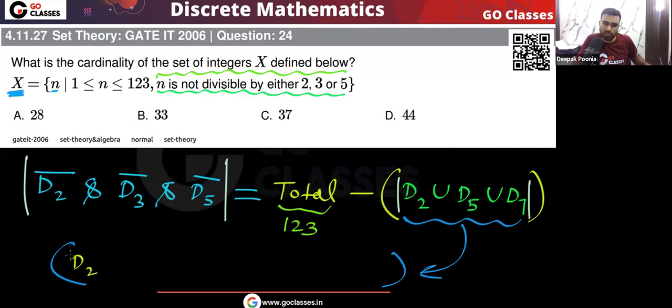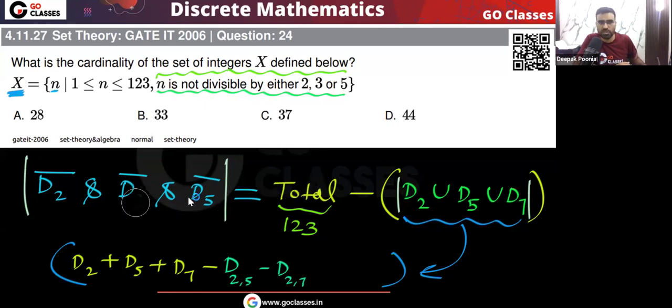How many are divisible by 2, plus how many are divisible by 5, plus how many are divisible by 7, single single, plus minus double double, minus how many are divisible by 2 comma 5, minus how many are divisible by 2 comma 7, minus, sorry, the question is 2, 3, 5.